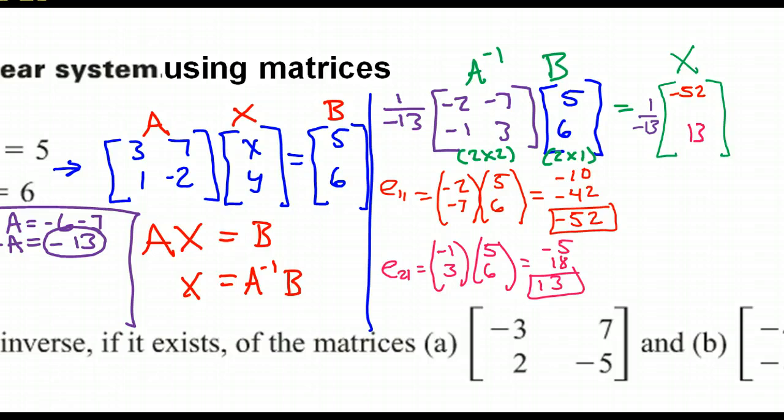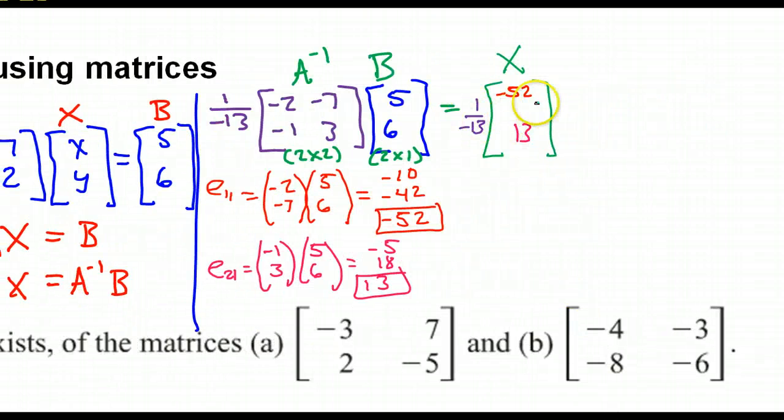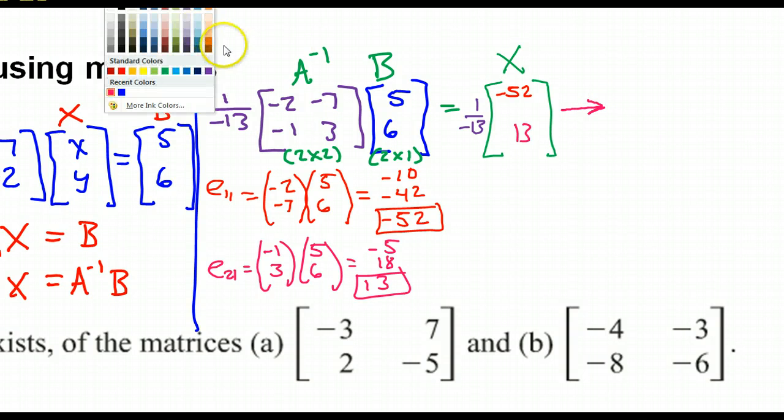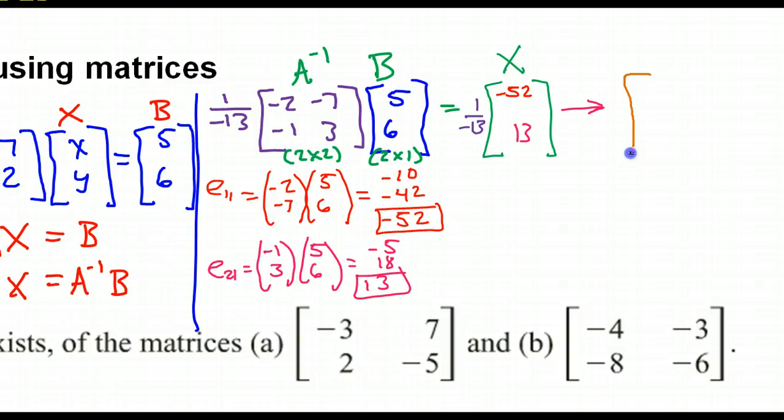For the final answer, I need to divide everything by negative 13. 13 goes into 52 four times, so negative 52 divided by negative 13 is 4. And 13 divided by negative 13 is negative 1.